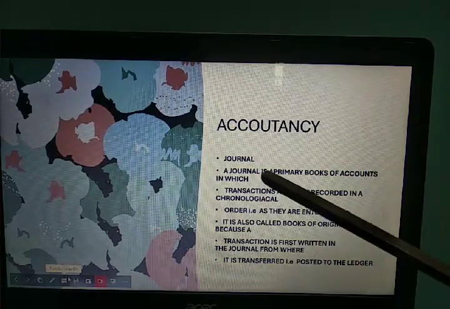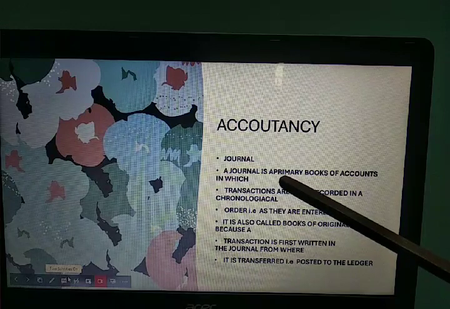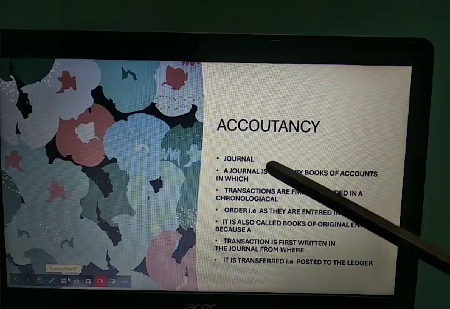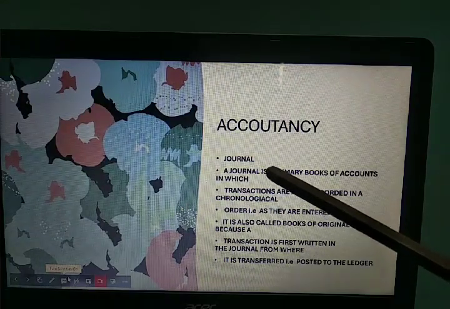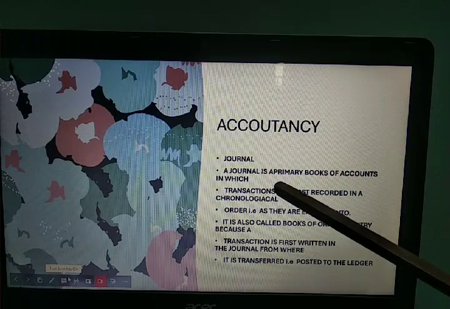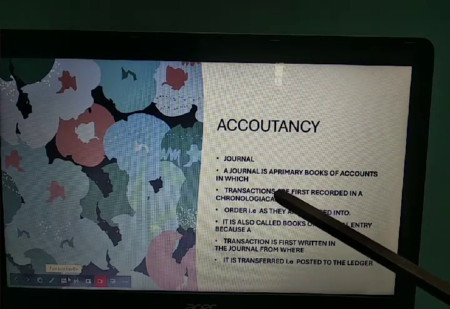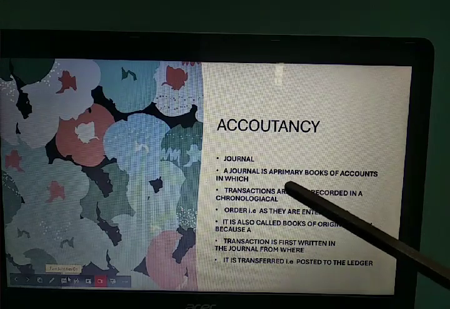Now we have to discuss what a journal is. Jour means day. This concept came from day. So the primary book of accounts where transactions are written on a daily basis is called a journal. That's why journal is a primary book of accounts.